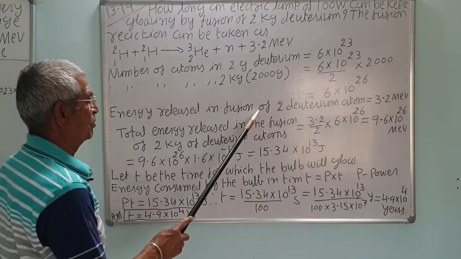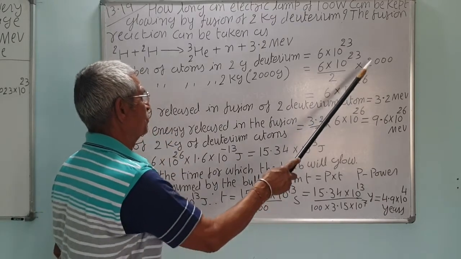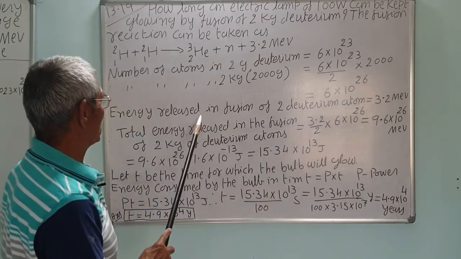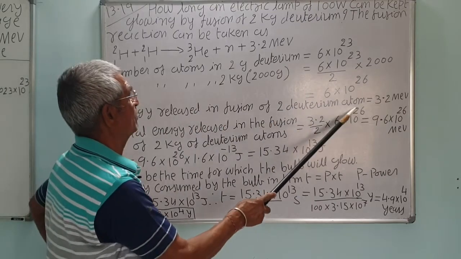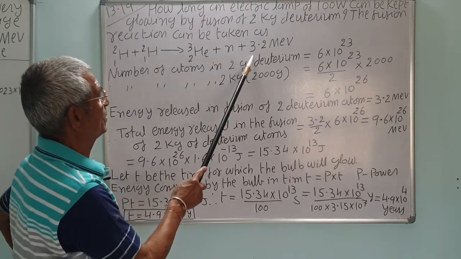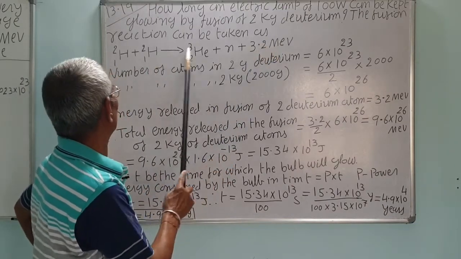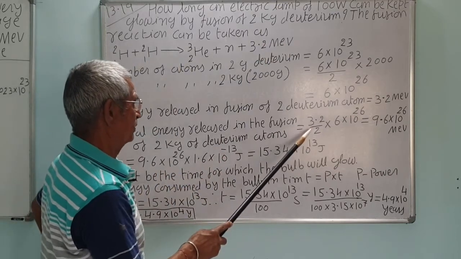The number of atoms is 6 into 10 raised to 26. Now, energy release in fusion of 2 deuterium atoms is 3.2, so in 1 deuterium atom that is divided by 2.